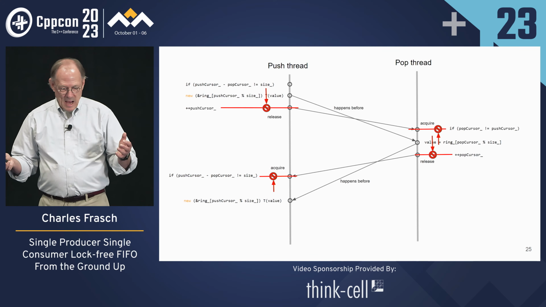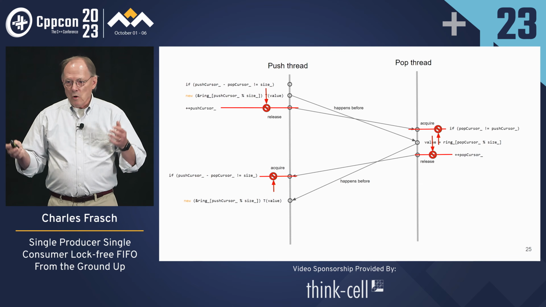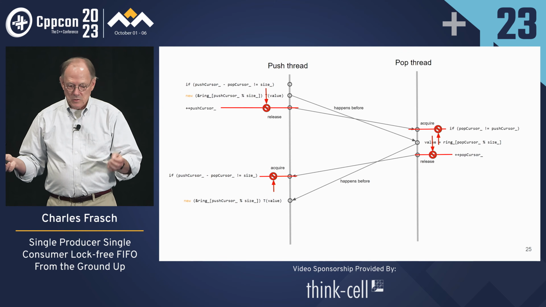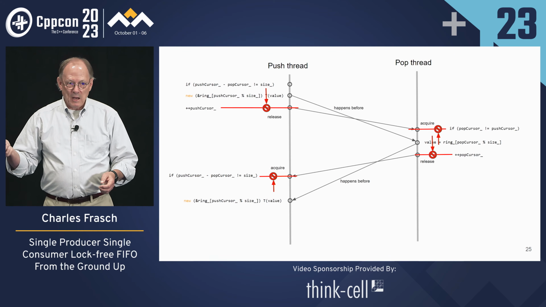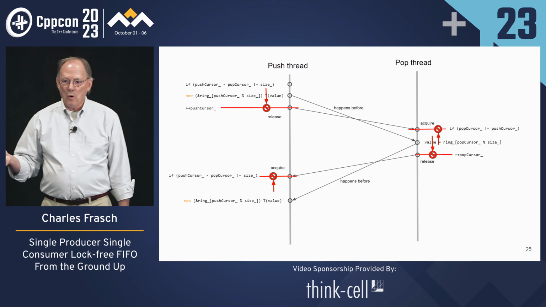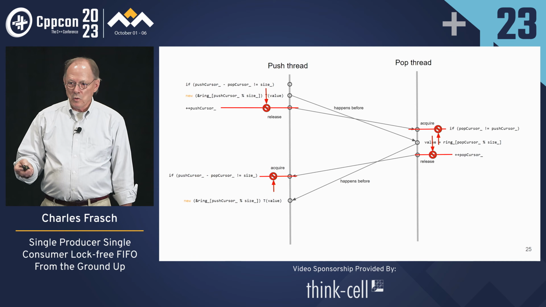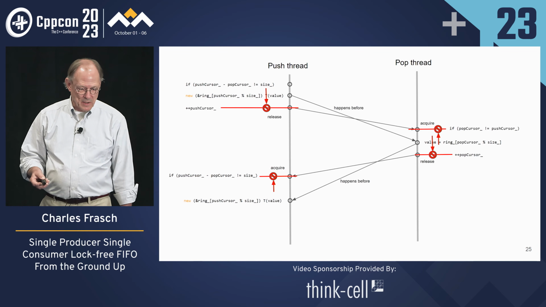So the combination of the sequenced before relationship between the store of the push cursor and the load of the push cursor creates the happens before relationship that's needed to meet one of the exceptions to the data race language in the specification.